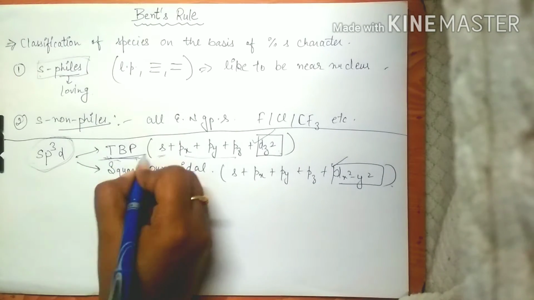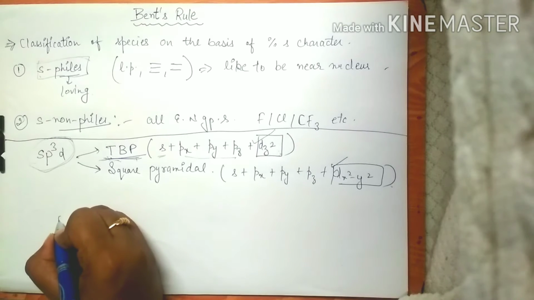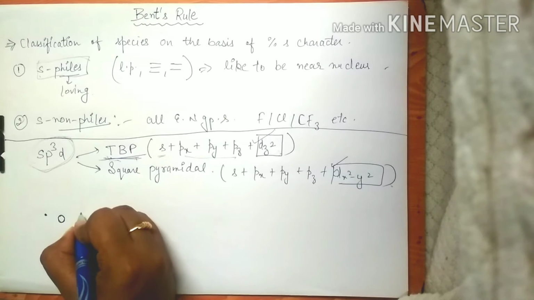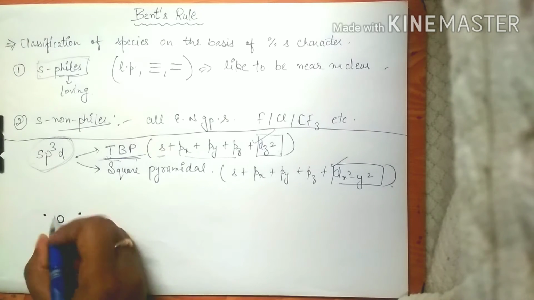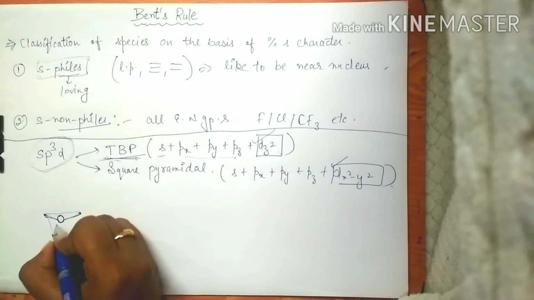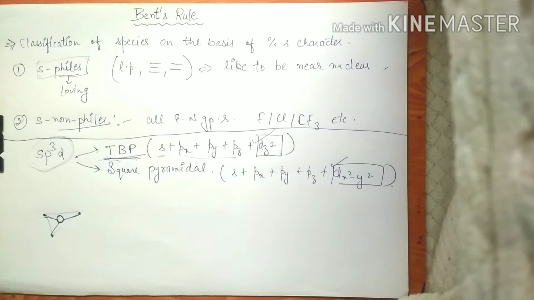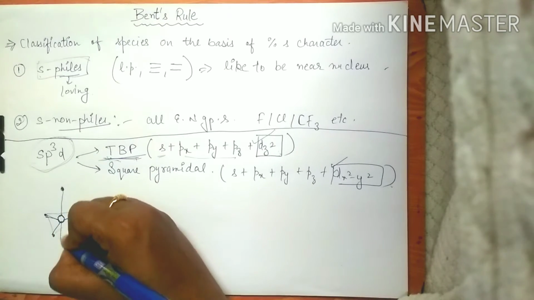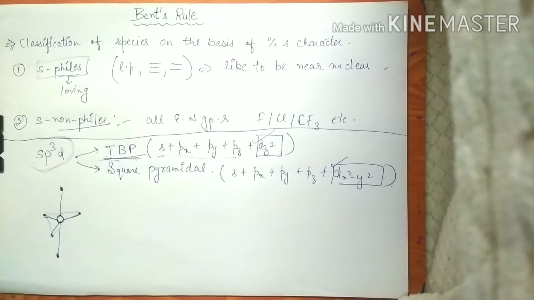Trigonal bipyramidal geometry, if we see, is like this. The central atom will be present here, three atoms will be present in the plane forming a triangle attached with this central atom, and one will be above this plane and one will be below this plane. This is your trigonal bipyramidal geometry.